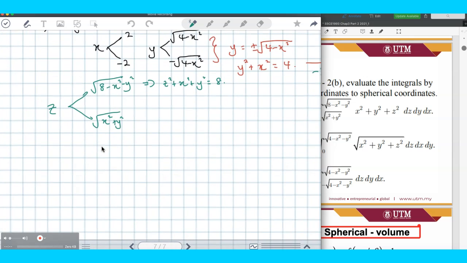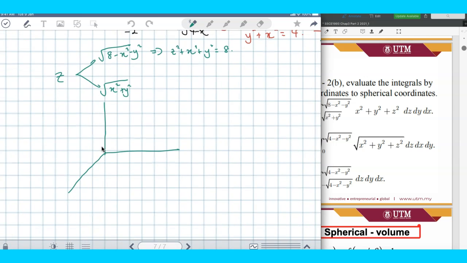So for your solid, if you sketch it, firstly I will draw the sphere with radius square root 8. Because z is always positive, it is a hemisphere where the radius is square root 8.